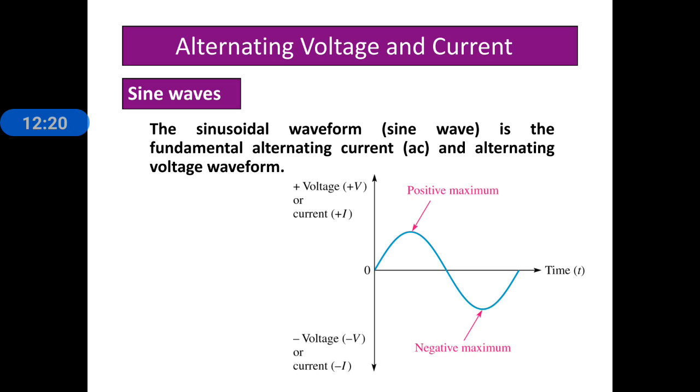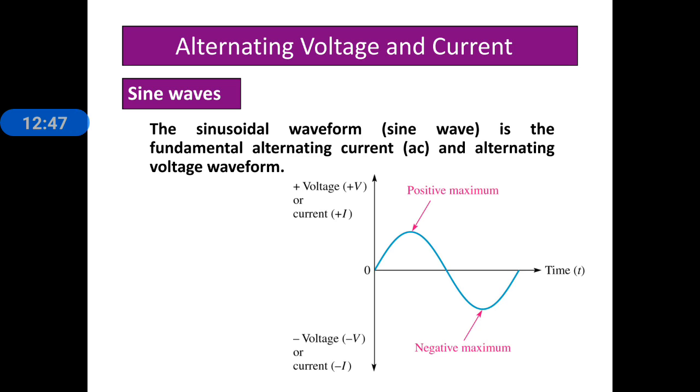Sine wave. The sinusoidal waveform is the fundamental alternating current and alternating voltage waveform. In this figure, one cycle of the waveform is shown with respect to time. The y-axis shows the current or voltage values, and the x-axis depends on time, or the time we can convert into angle also.